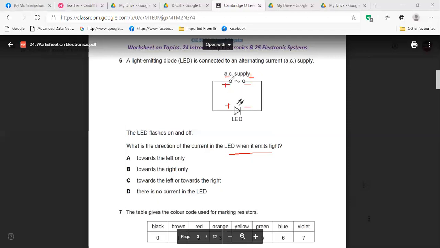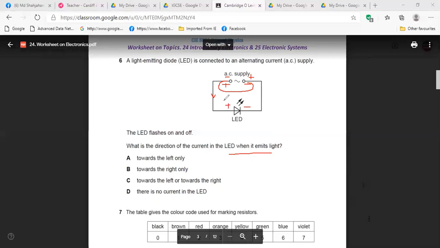So now it will be forward biased. That means electricity can go only for this, right? And for this one, the upper one, it will be reverse bias. Electricity cannot go.